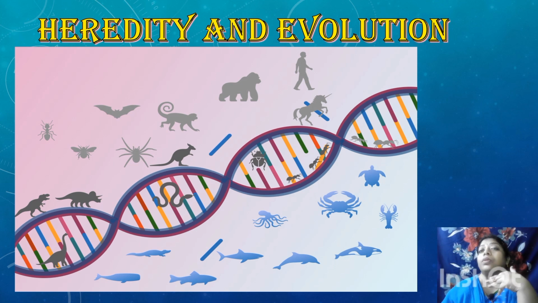To study the earth and the origin of life on earth in the ancestral period is the evolutionary study. The origin of life was around 3 to 6 billion years ago.